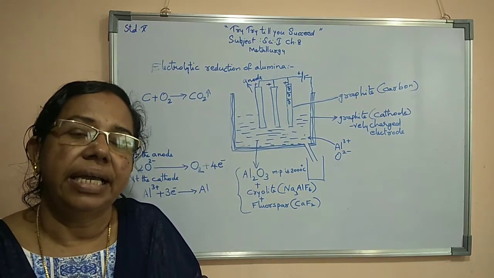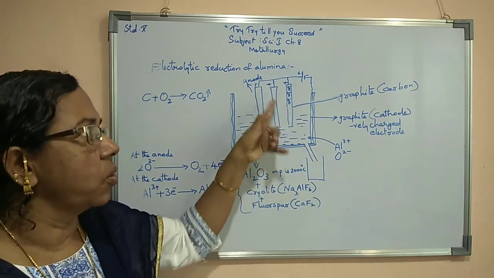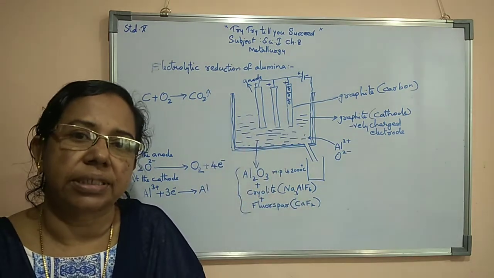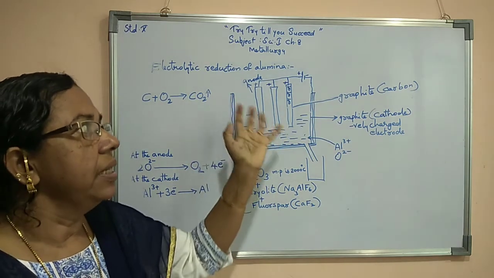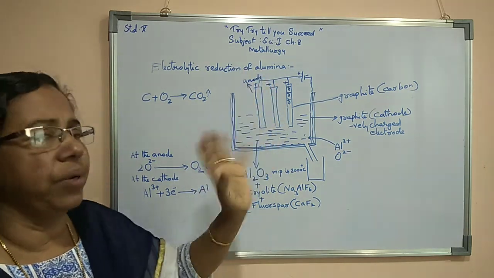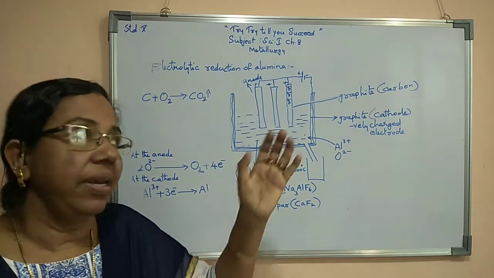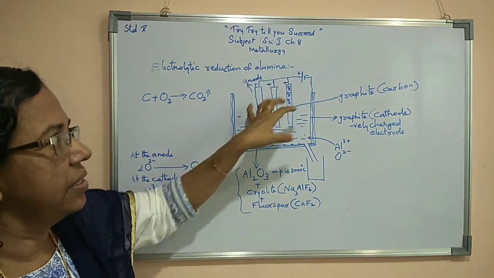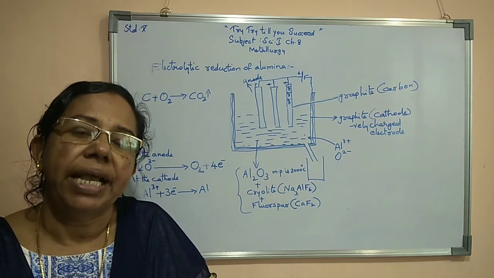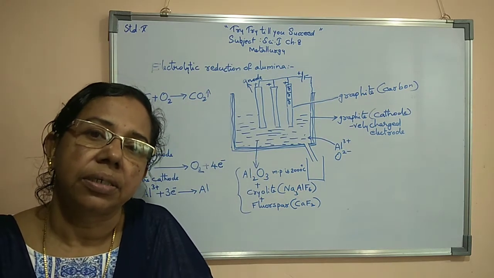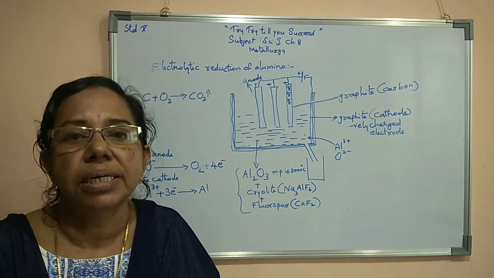Then they replace these rods with other rods. So like that, they will use it for a minimum of a few days, about a week. After that they will remove these and keep new anode rods again. So again and again they can continue the process of electrolytic reduction.